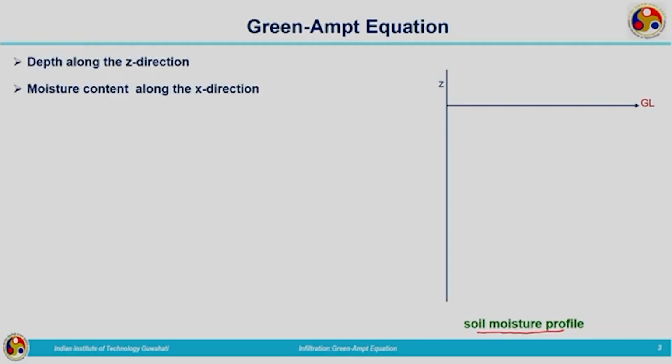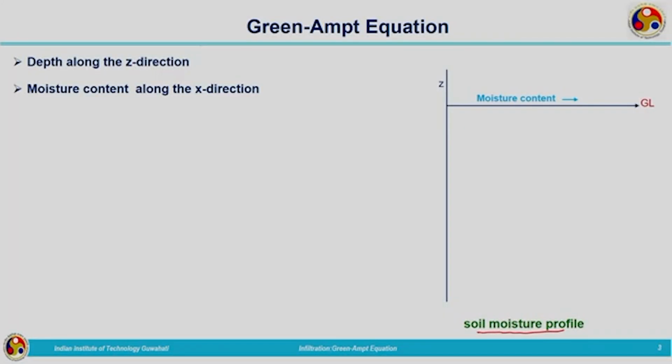Then along the x direction we are marking the moisture content. As in the soil moisture profile we discussed in one of the lectures, we are considering the soil moisture profile here also, but the only difference is that we are not considering all 4 zones; we have the saturated zone and the unsaturated zone in this case.